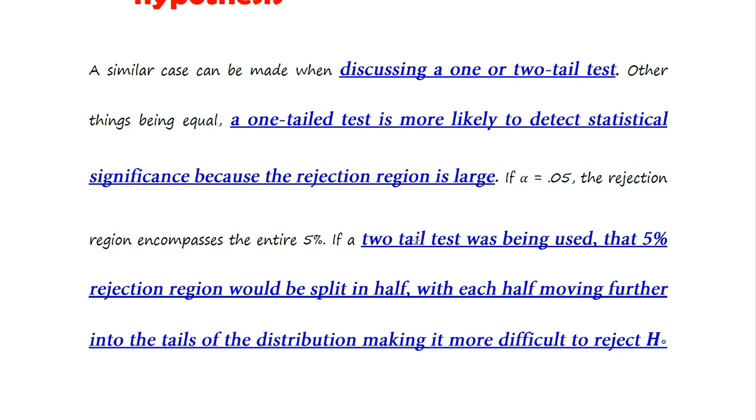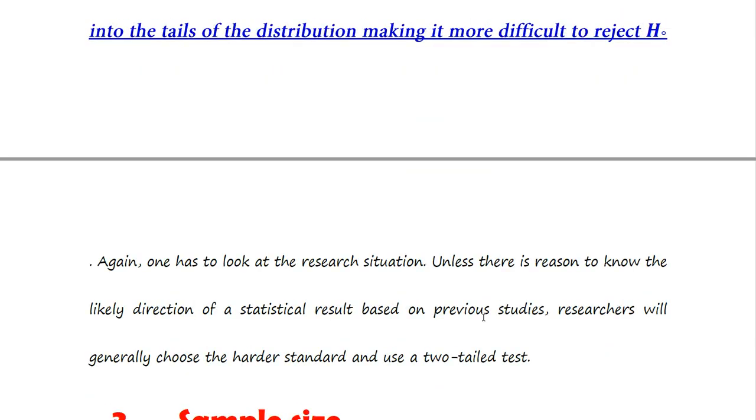For example, if alpha is equal to 0.05 in a one tail test, we have the rejection region on one side, either right or left, and our rejection region is vast. But in a two tail test, our alpha is divided into two parts. One part is on the left tail and the other is on the right tail, and the rejection region is very limited, so it is difficult to reject H naught.